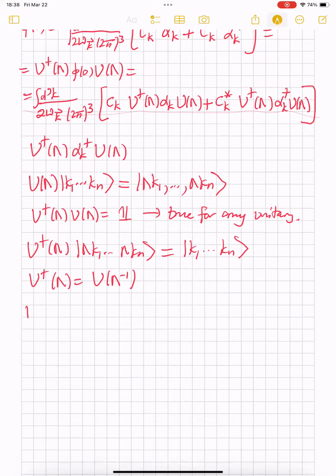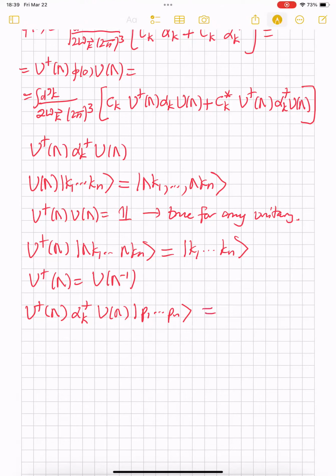Now, let's calculate the operator that we want. We're going to use the same logic that we just used when studying translations. We're going to take this operator and act on a complete basis. Let's say our complete basis is P1 up to Pn, where the basis is given by letting n be arbitrary. So we'll consider 1 particle, 2 particle, 20 particle, 40 particle states, and the momenta and energies of those particles can be anything.